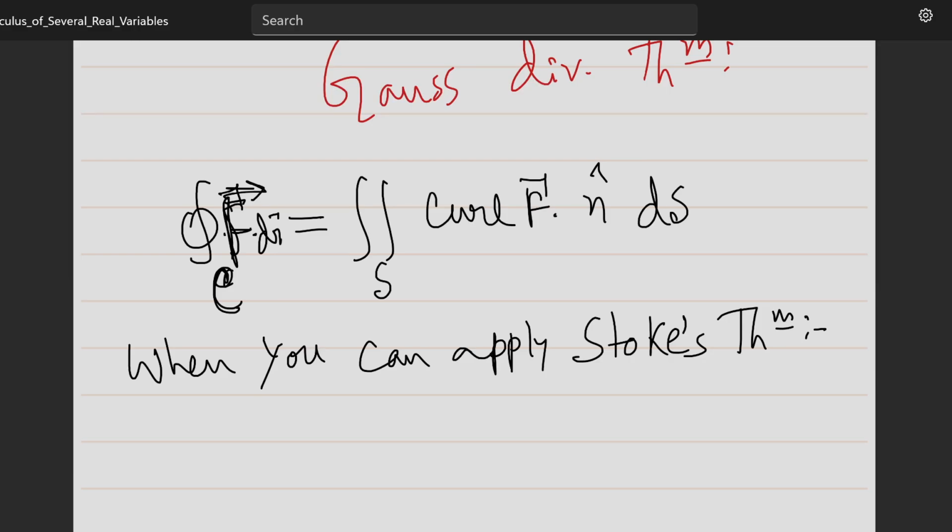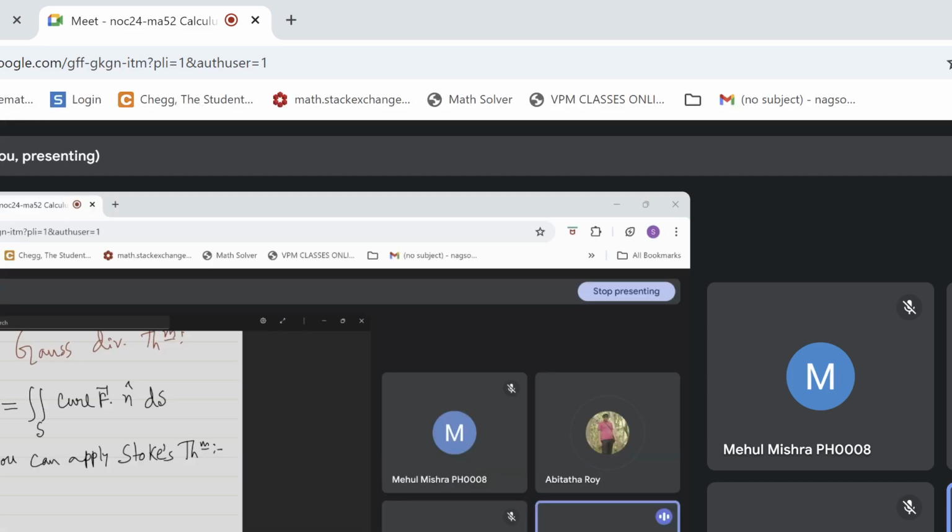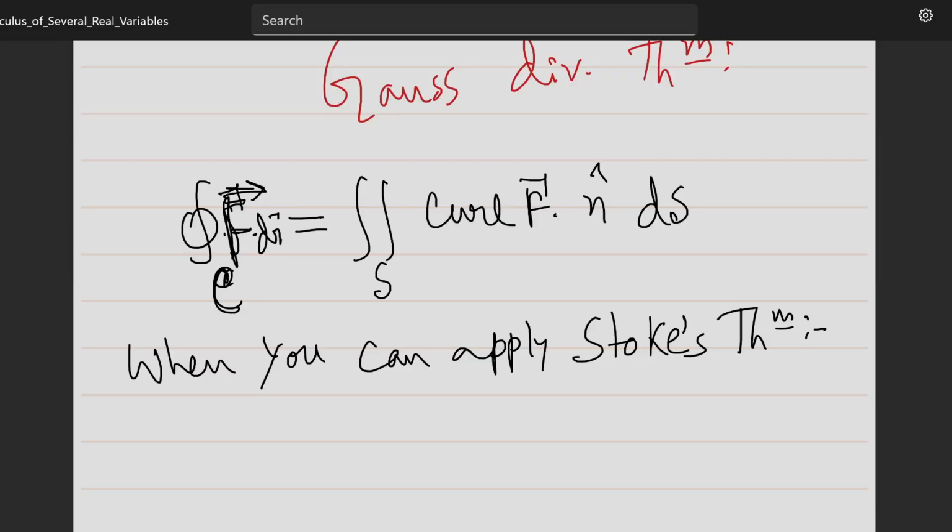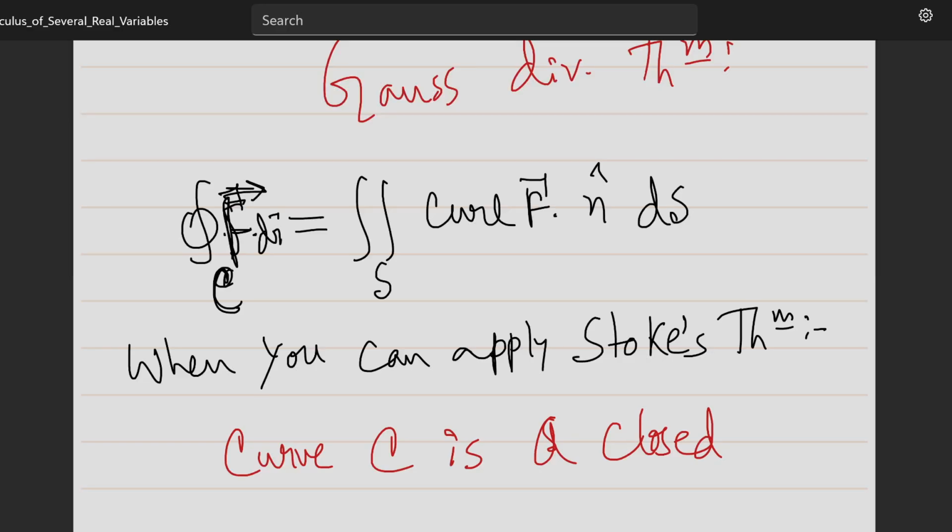Yes, that is correct. The curve C is a closed curve. It is the most important. If F is differentiable, but suppose C is not a closed curve, if you apply Stokes theorem, you will get the wrong answer. Curve C is a closed curve.